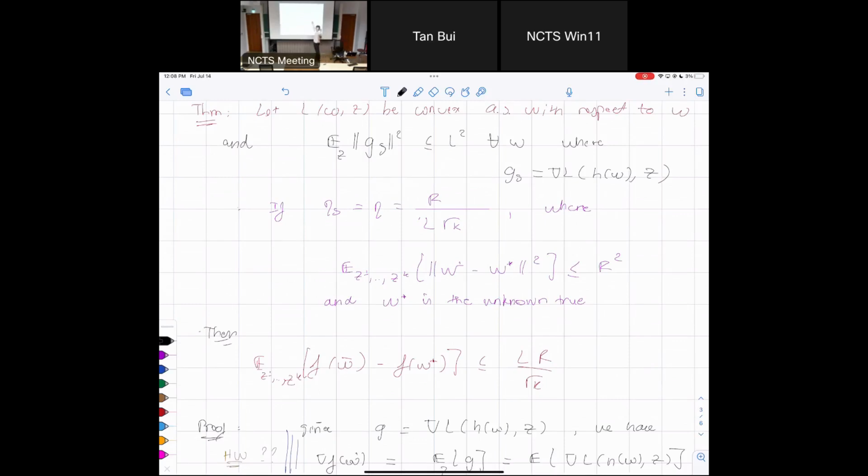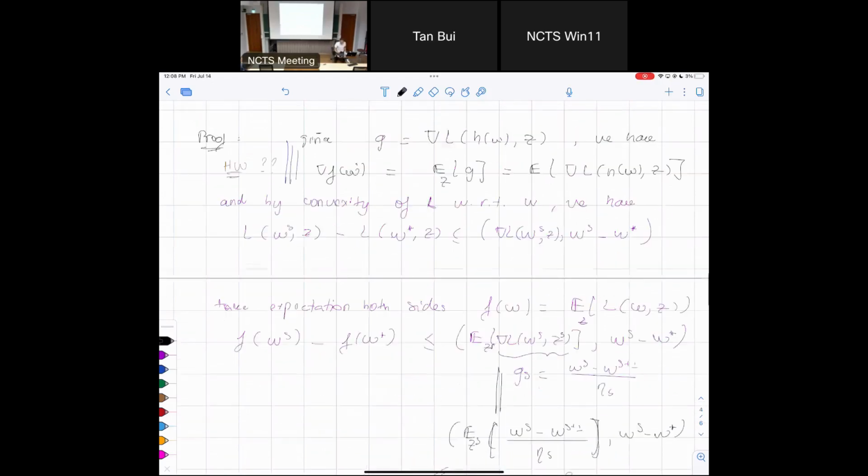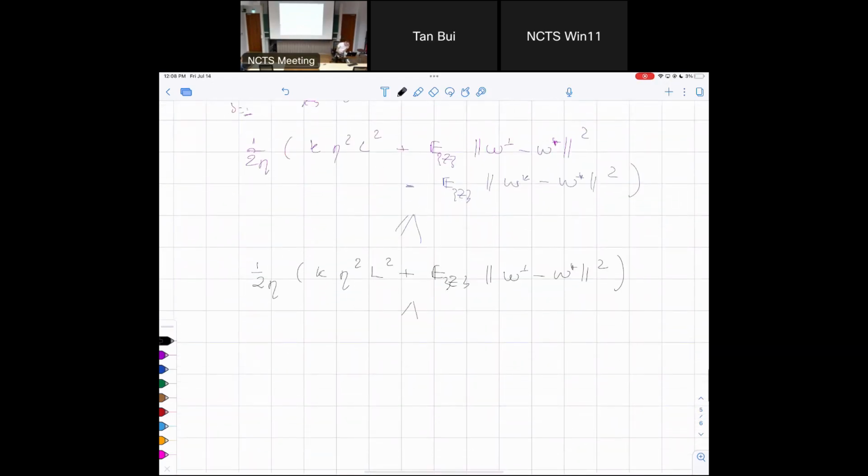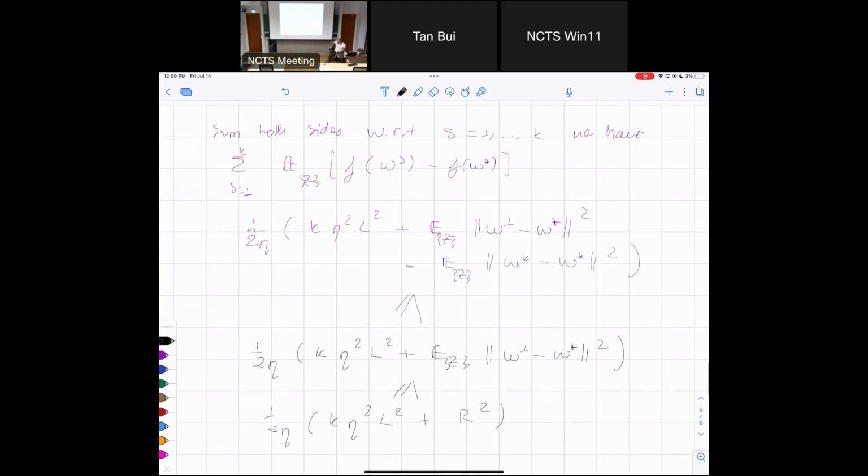Remember, it's the same thing we did last time for gradient descent. The first step is fixed, and in particular we call it R. So, by assumption, this is 1 over 2 eta of K eta squared L squared plus R squared. So we have the sum of that less than this.